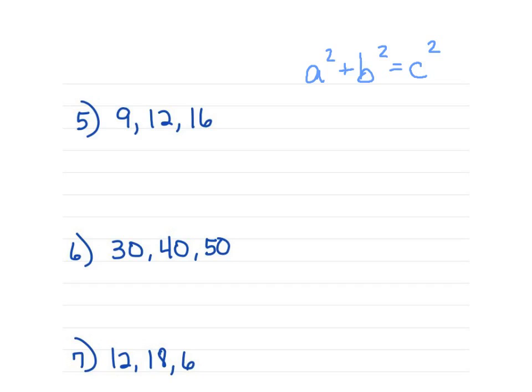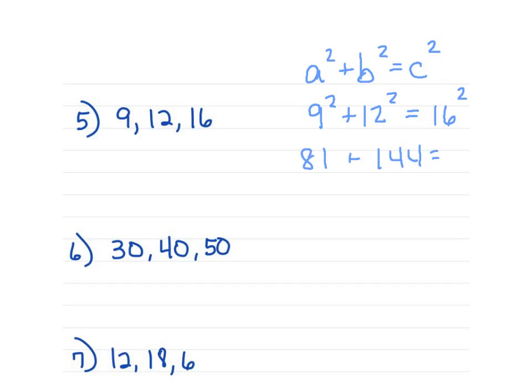for c. Okay, so let's plug in 9 squared plus 12 squared is supposed to equal 16 squared. Let's see if that's true. 9 squared is 81. 12 squared is 144.